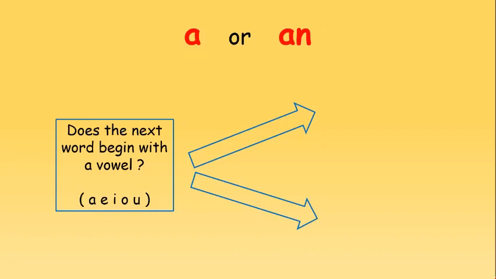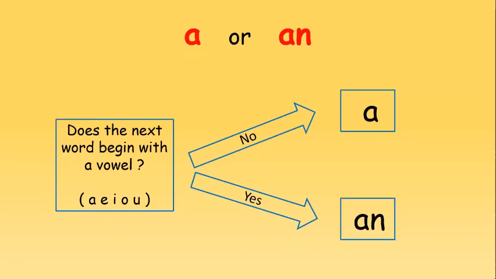If the answer is no, if the word does not begin with a vowel, we use article a. And if the next word begins with a vowel, if the answer to this question is yes, we use article an.